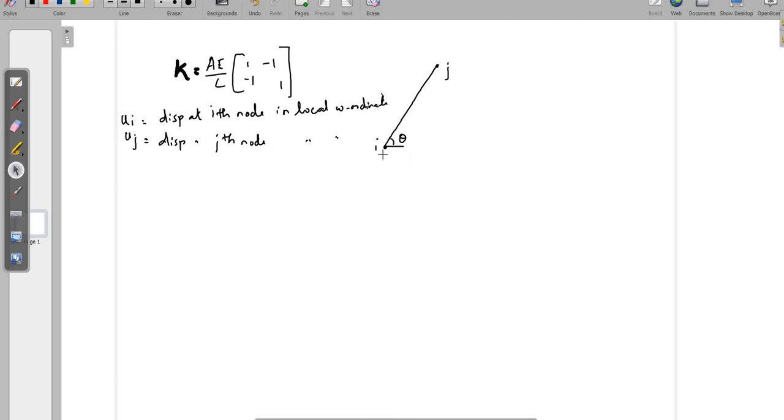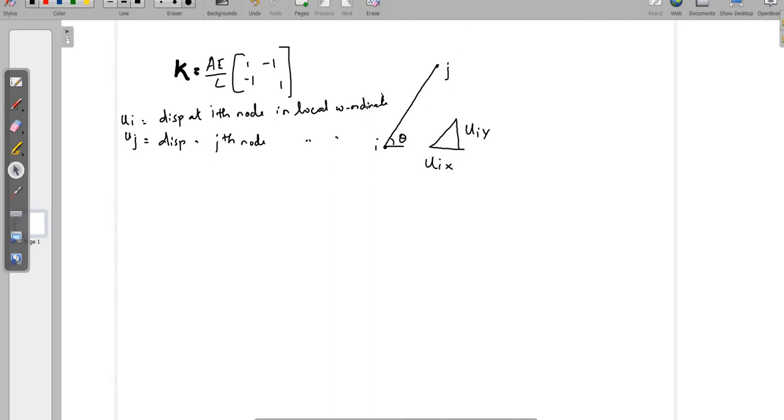Now I am going to represent the global coordinate. If you take the inclined profile, you can split it into horizontal as well as vertical components. Ui capital X is the horizontal global coordinate. Ui capital Y is the vertical global coordinate.